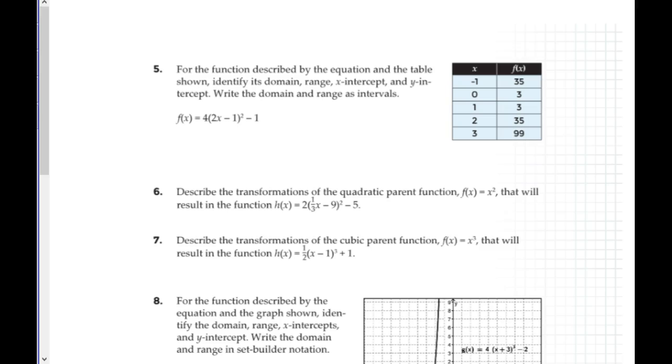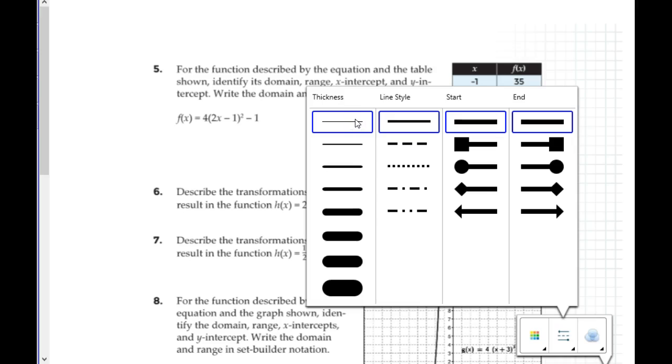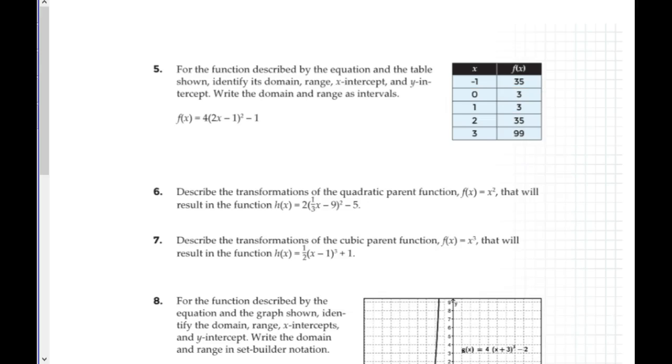Alright, next page. Let's fix this again. There's supposed to be a parentheses right there, and that's a 1/2, and there's another parentheses.